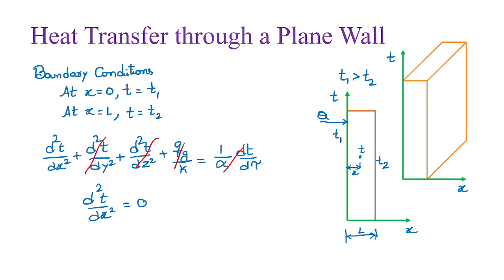Now we need to determine the temperature distribution, so we need to get this equation in terms of temperature T. For that we need to integrate this twice. On integration for the first time, we get dT by dx is equal to C1. Let us put it as equation 1.